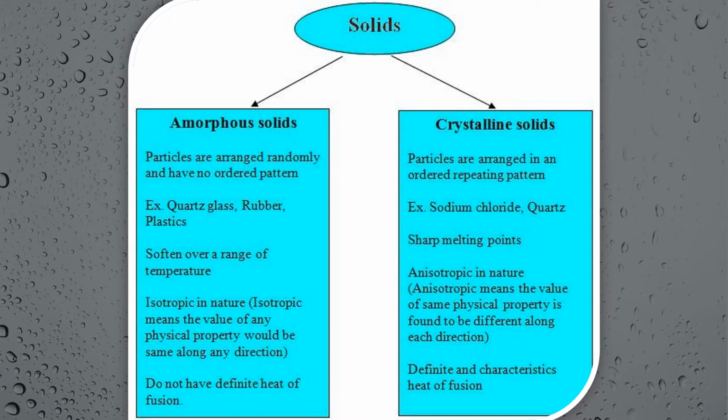It has sharp melting points. It is anisotropic in nature. Anisotropic means the value of same physical property is found to be different along each direction. And it has a definite heat of fusion.